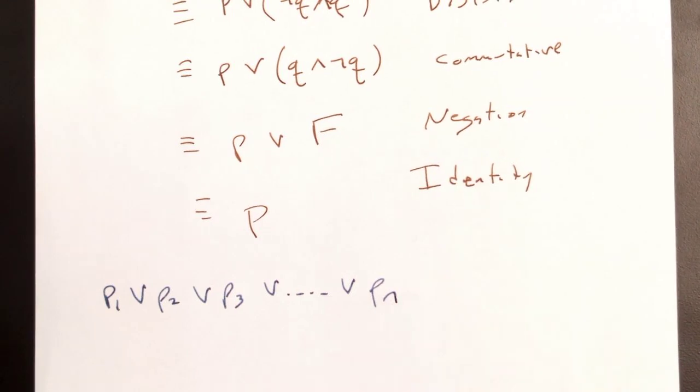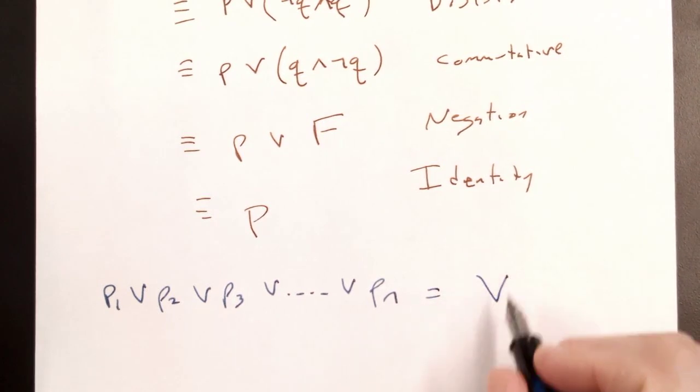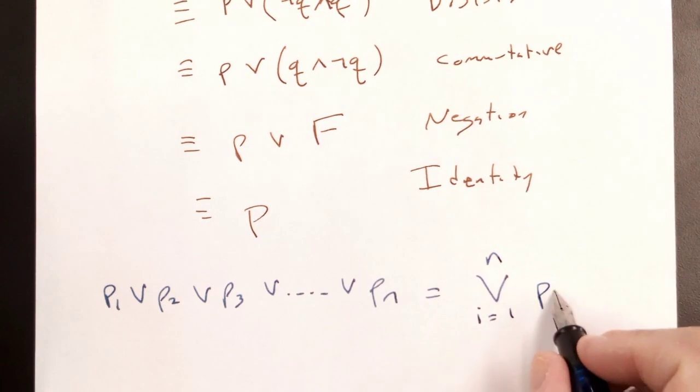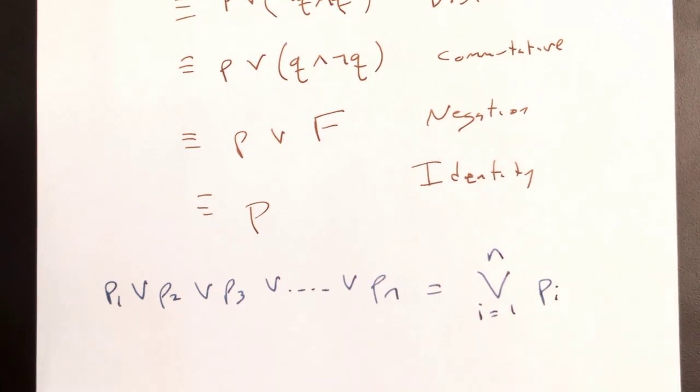I'm going to write this like a loop. I'm going to write or. Start your counter at 1, go to n, proposition I. It's just a for loop. For 1 to n, do an or.